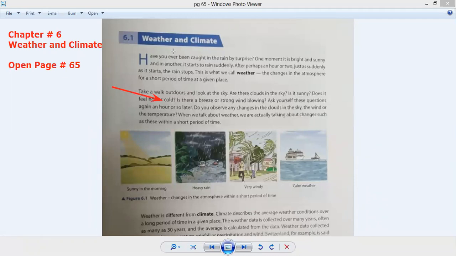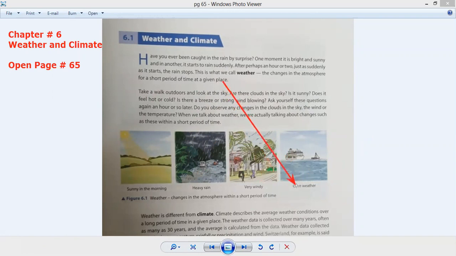As it is mentioned in your book, it stays within a short period of time. They are giving you sunny in the morning, heavy rainfall, very windy, and calm weather.